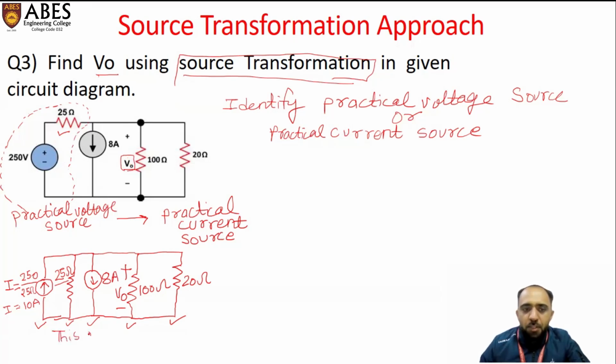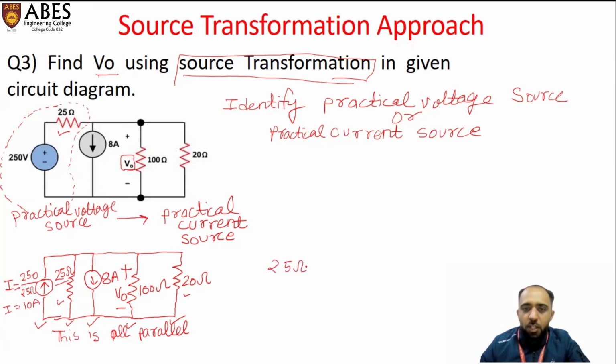I'm writing here, this is all parallel circuit now. You do not need to change this branch, the V0 100 ohm branch. Now check the resistance in parallel. 25 and 20 ohm are in parallel.